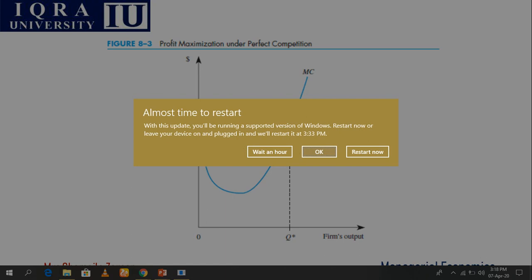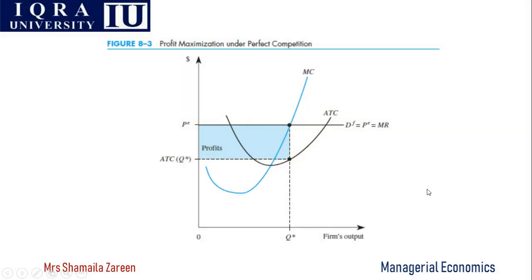To see this, note that the area of the shaded rectangle is given by its base Q static times the height. So the most concerning point is the difference between the price line and the cost curve, the area between both that is showing the profits.